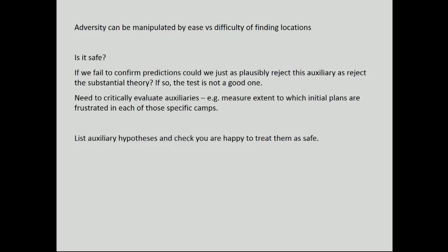So in any study, you need to critically evaluate the auxiliaries. So you might want to measure the extent to which one of these groups of conditions actually involved obstacles that appear difficult to overcome.